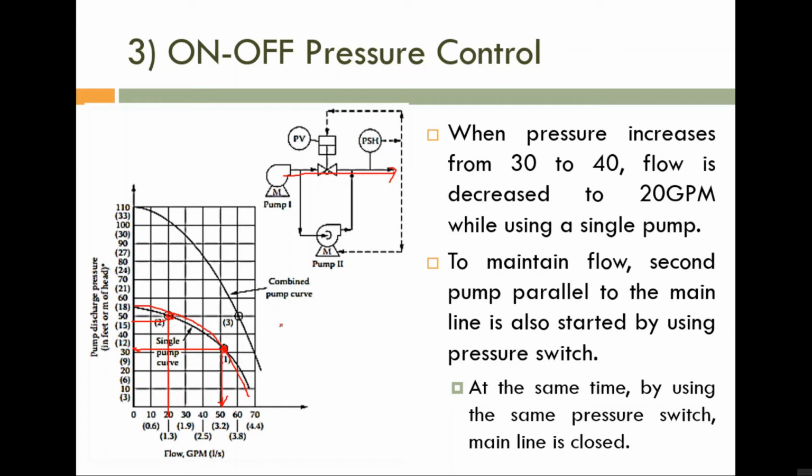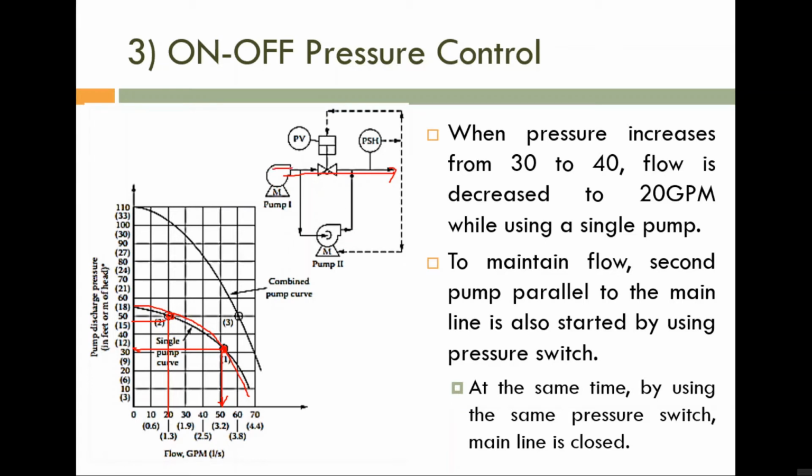In this particular situation, the pump is used for a process that requires a constant flow rate. But due to the change in pressure, the flow rate is reduced to 20 gallons per minute from 50. Is it okay? So in order to maintain the flow rate very close to 50 GPM, the second pump is also started, which is operating serially to the first one. You can see that the second pump is arranged in cascade to the first pump.